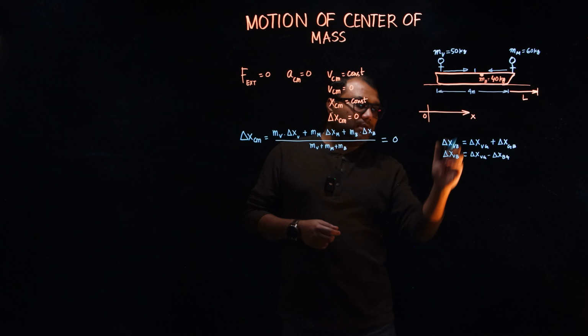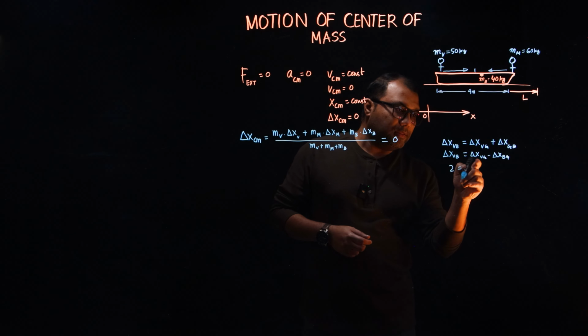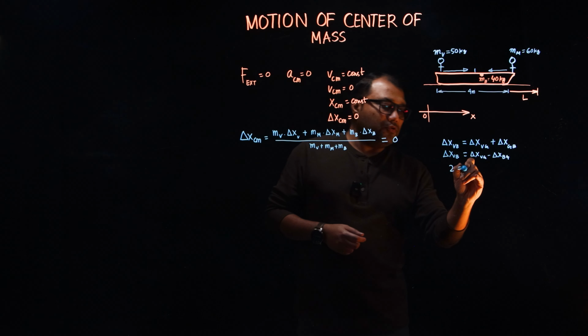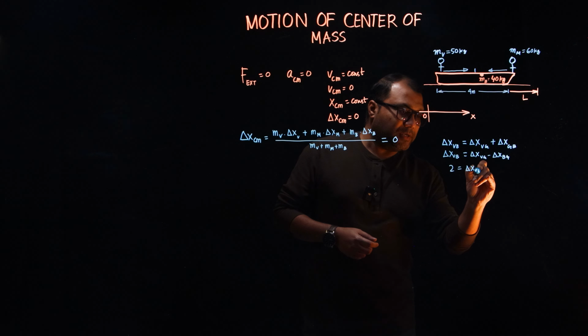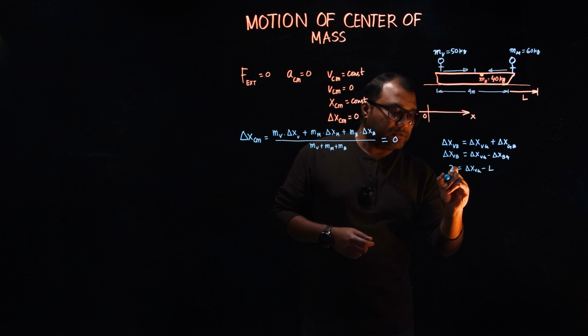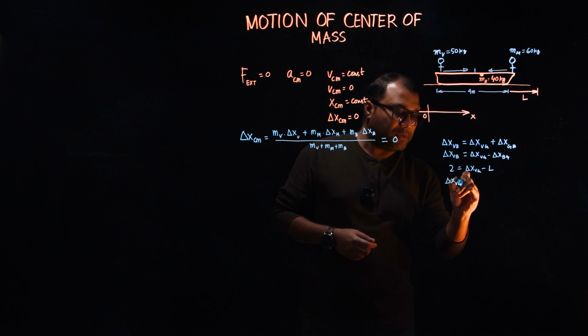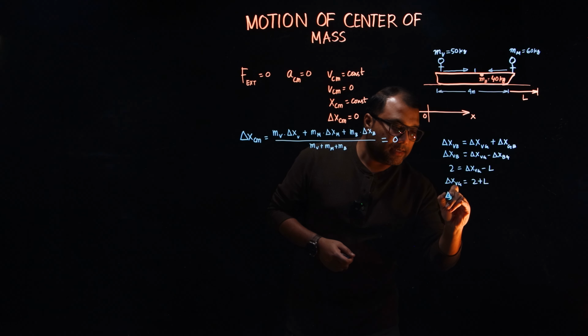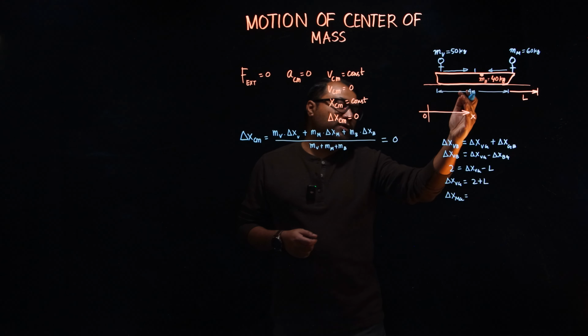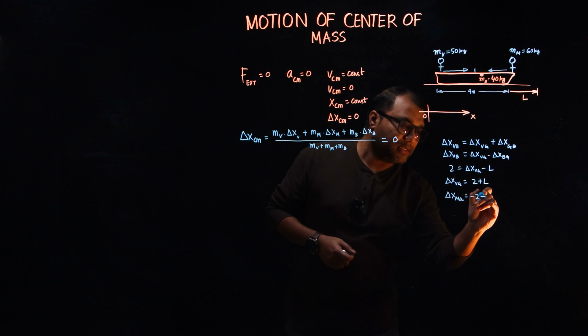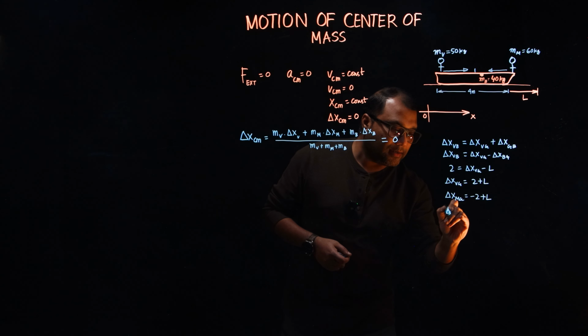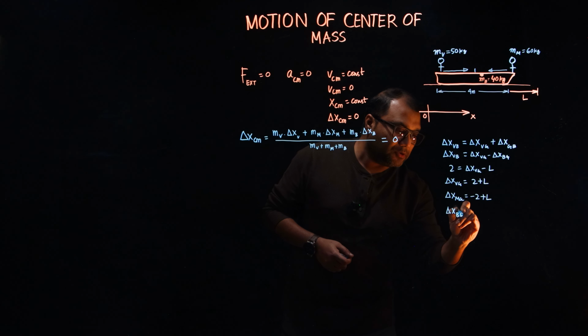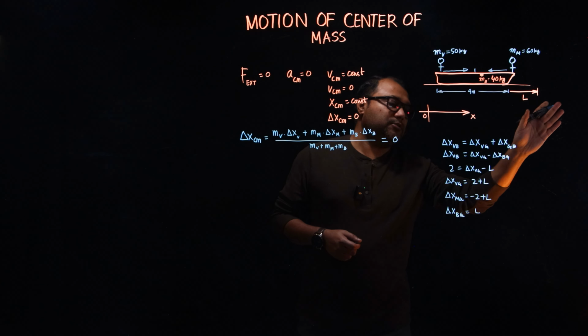So 2 meters positive, this we do not know, delta x v with respect to ground minus L. So delta x v with respect to ground is 2 plus L. Similarly, delta x m with respect to ground will be what? He is moving 2 meter to the left, so minus 2 plus L. And delta x boat with respect to ground will be what? Plus L, because L is to the positive side.